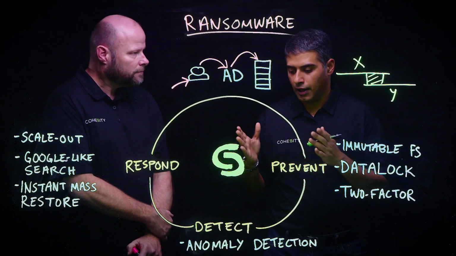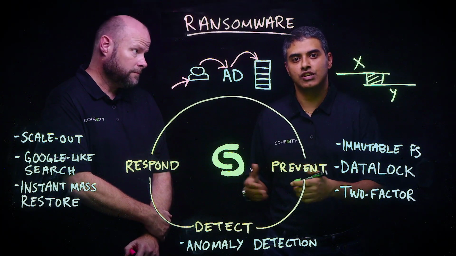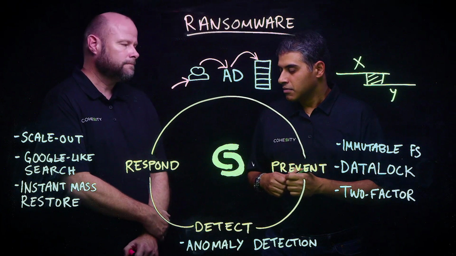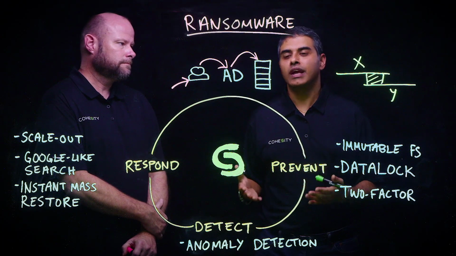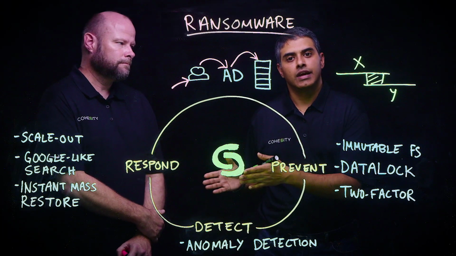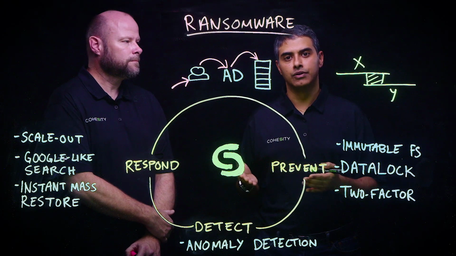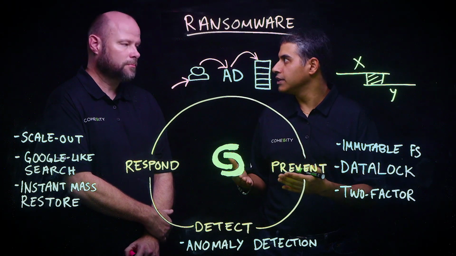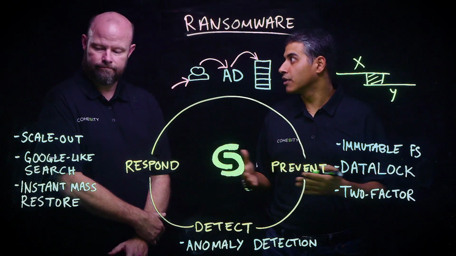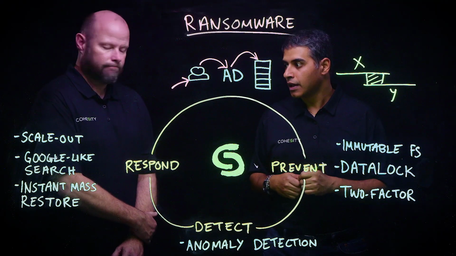So given that Cohesity helped the IT admin detect that there actually has been a ransomware attack, let's talk about how we respond to that attack. Because essentially your backup is only as good as how quickly you can recover your data. And what Cohesity does, with a scale-out architecture, is allow IT admins to have multiple copies of backup and maintain them for a longer period of time because you can scale out the architecture as your business requirements grow.